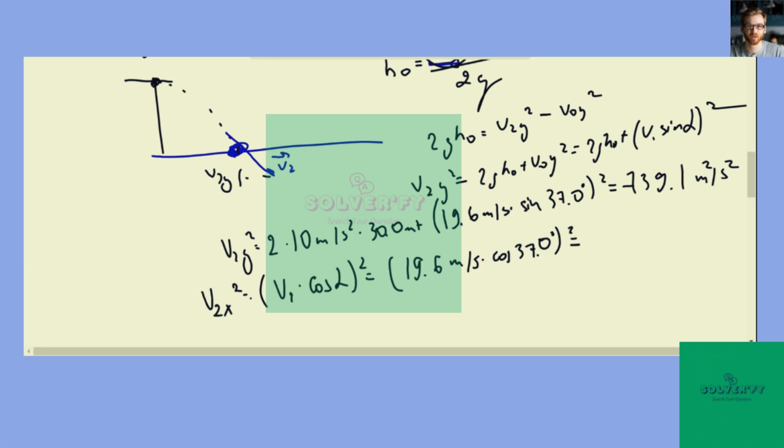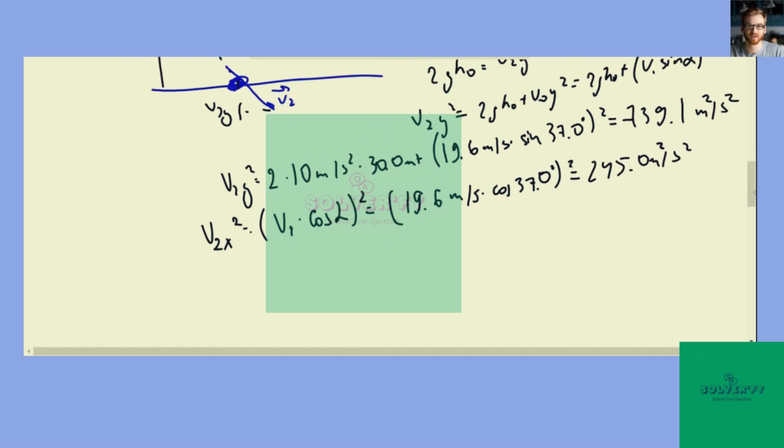So let's calculate this number. It equals 245.0 meters squared per second squared.